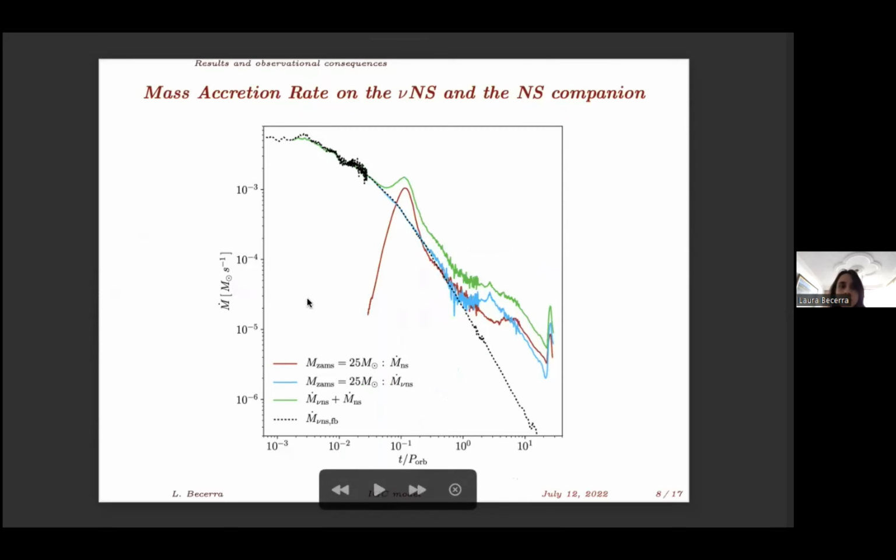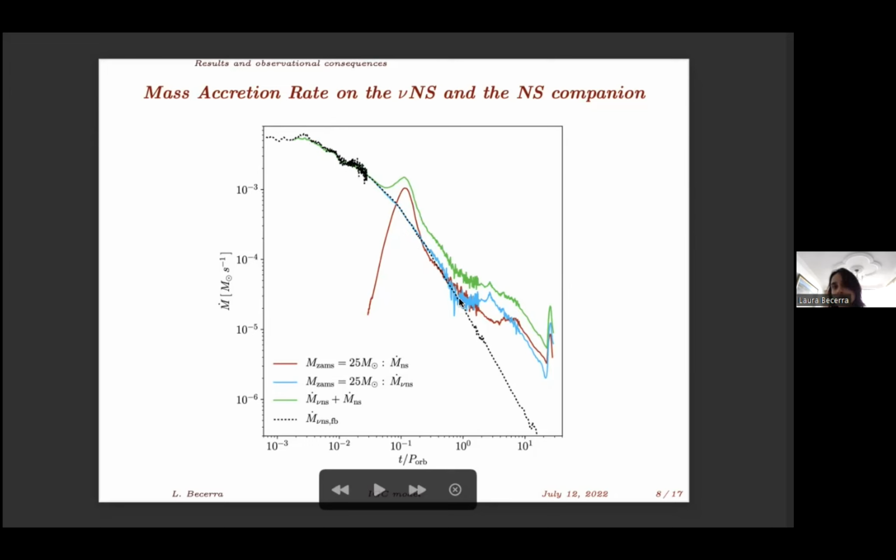And with the simulation, and from the particle list, the mass of the particles that have been accreted, we can calculate the mass accretion rate of both of the stars. So here we see in blue the accretion rate of the new neutron star. We initially have some fallback accretion rate, but this decreases rapidly with time.